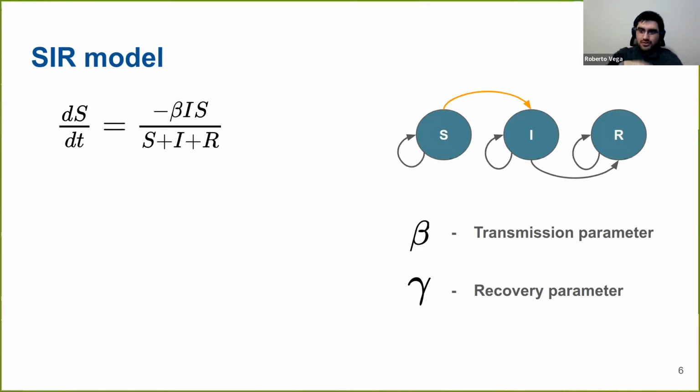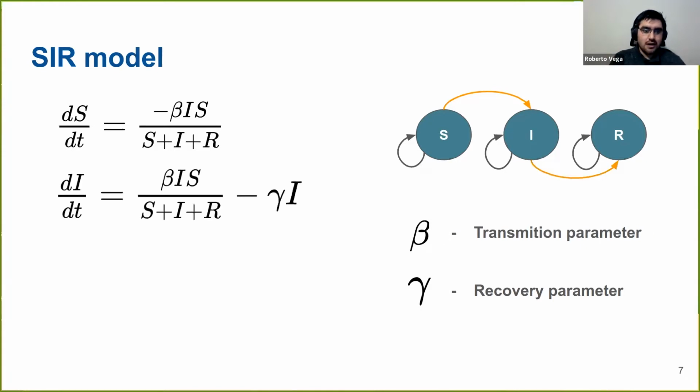So this is how you move. This is the rate at which you move from S to I. And of course, the people who leave S have to go into I. This is where you can see that it has basically the same part of the equation, one with a negative sign and the other one with a positive. The ones who leave the susceptible go into the infected.